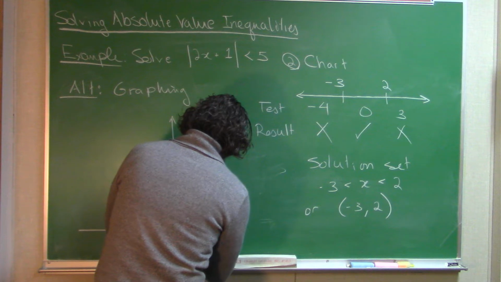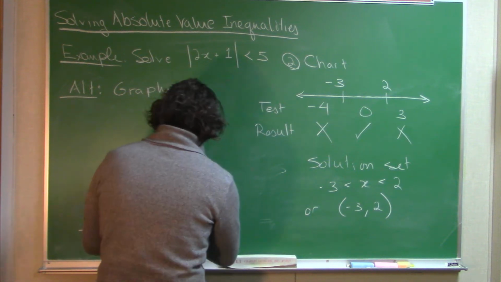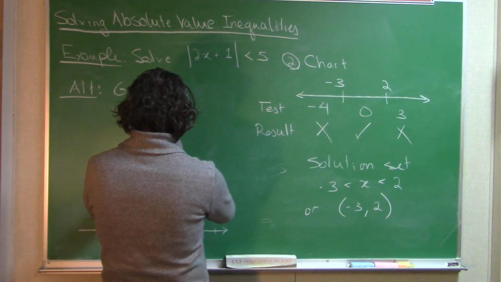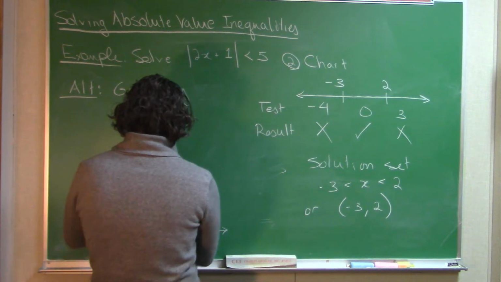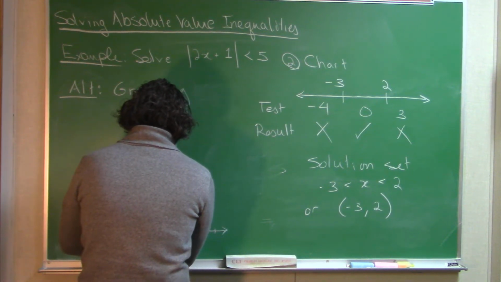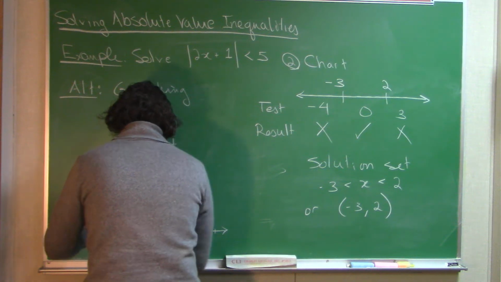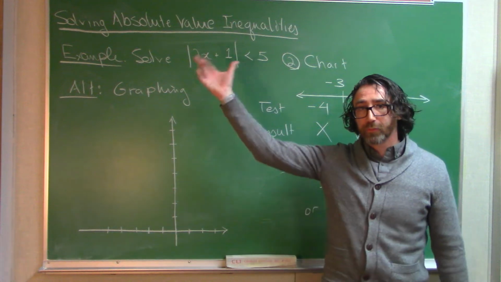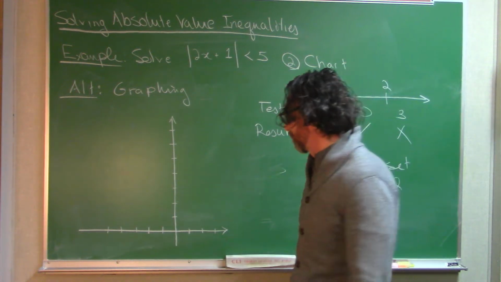Okay, now in some previous videos we have discussed how to graph absolute value functions. All right. So what I'm going to do is start by graphing absolute value of 2x plus 1.